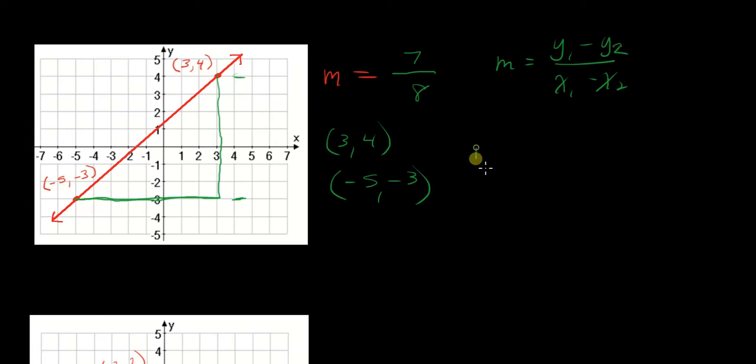So I'm going to do top point minus bottom point. So top y minus, what's the bottom y? It's -3. I'm subtracting -3. And then top x minus, and what's the bottom x coordinate? It's -5.